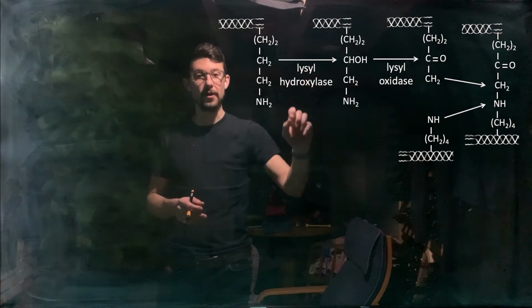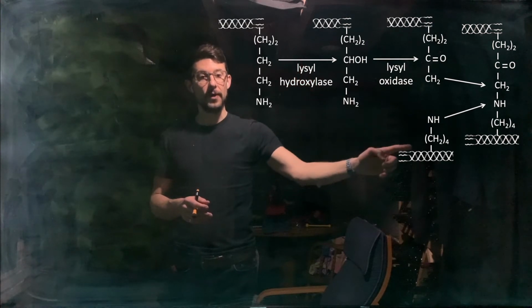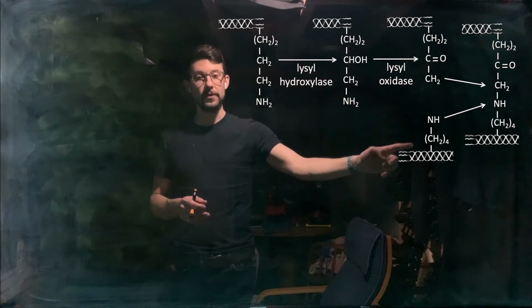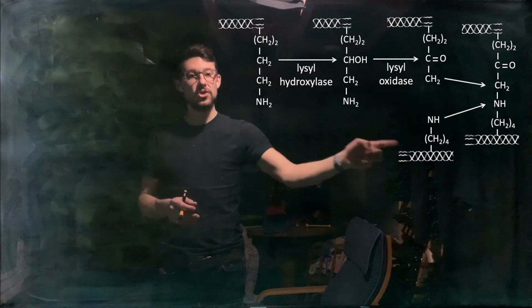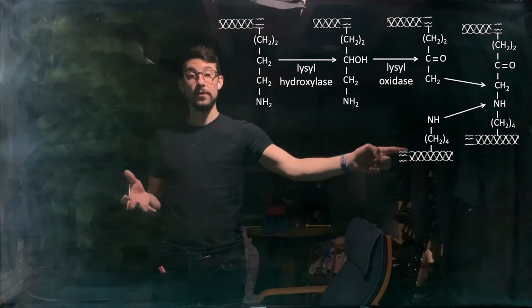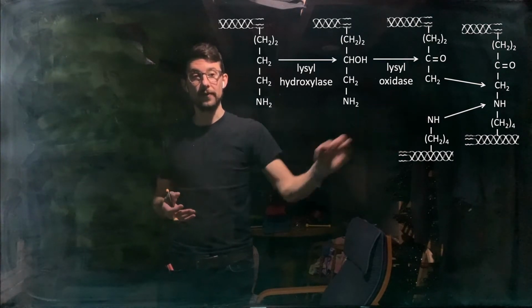I have it drawn here on the telopeptide region, but it can also happen at the triple helical region. And depending on which of these side chains becomes hydroxylated, it controls the resulting chemical structure of the cross-link that's formed.